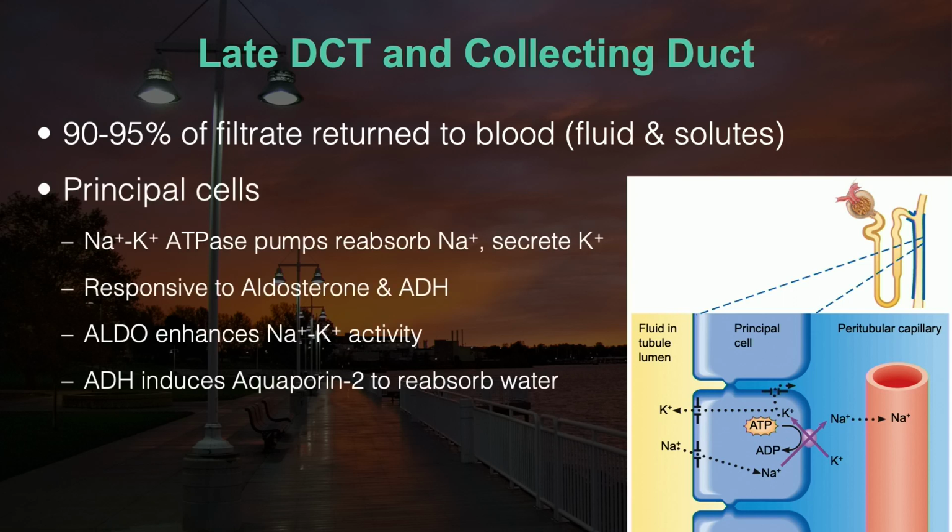We can further titrate or modify the reabsorption in the distal convoluted tubule through actions of hormones on one of the two major types of cells in the distal convoluted tubule. Until now, we've just considered tubular cells as cells. There are two major types of cells in the distal convoluted tubule, one of them being principal cells that are outlined here and shown in the diagram on the right.